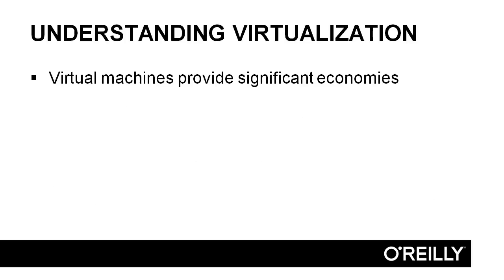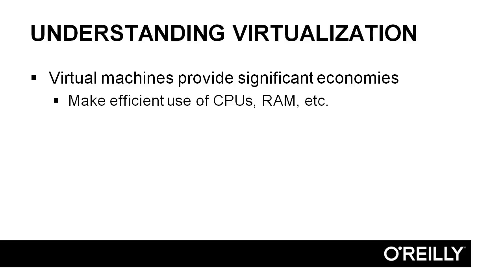Now, virtual machines provide seriously significant economies. They enable incredibly efficient usage of CPUs, RAM, disks, all sorts of things, because we can put as many virtual machines on a particular machine as we need, and then we can continue to put the right mix and match of virtual machines to get all the advantage of CPUs or RAM or whatever.